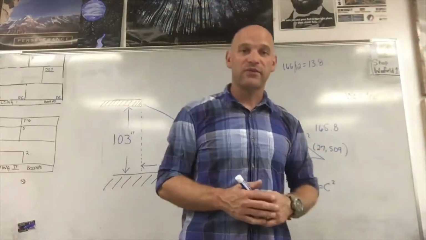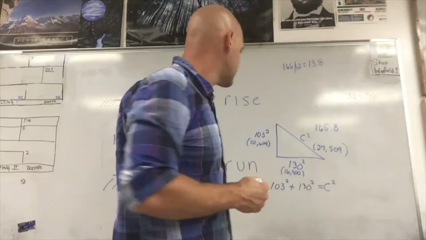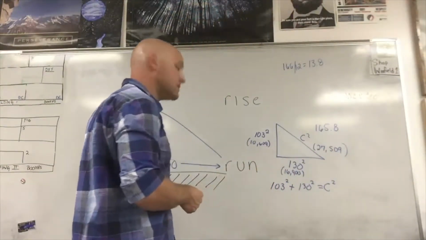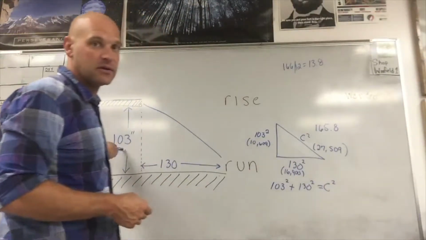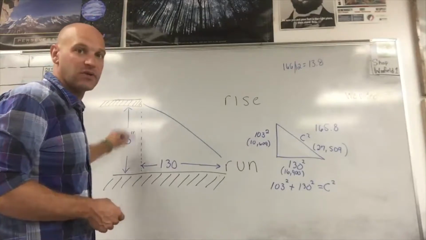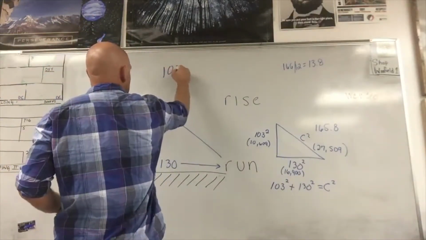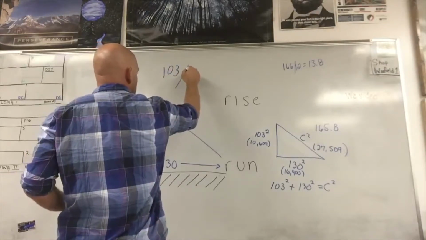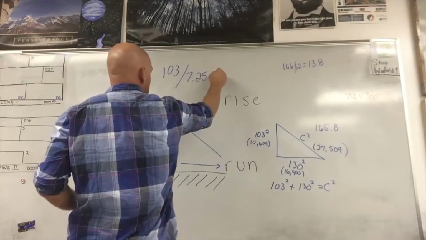So now we can figure out how big our actual steps are. What we are going to do is take our 103 rise and divide that by, we'll say, 7 1/4.